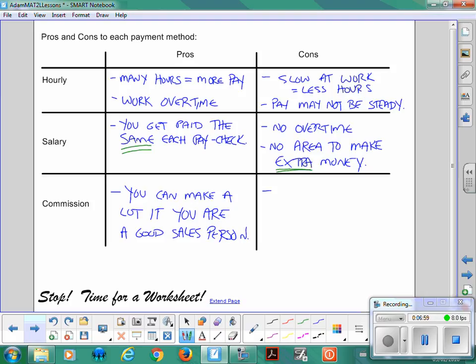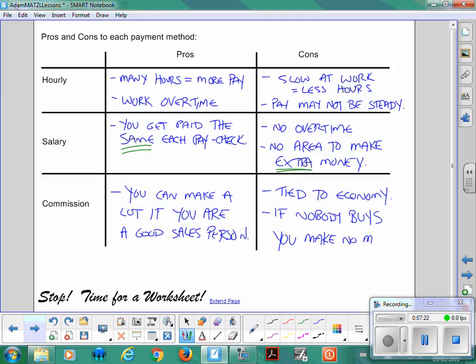The downside to that is, you're tied to the economy. If no one's buying, you're not selling. So if nobody buys, you make no money.